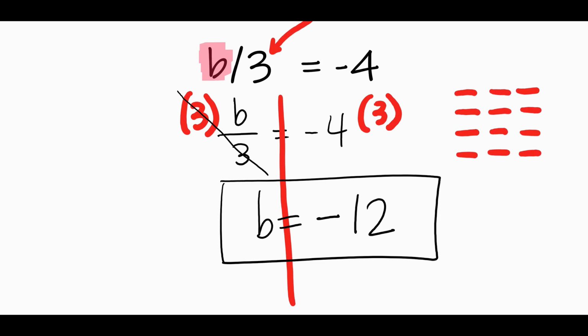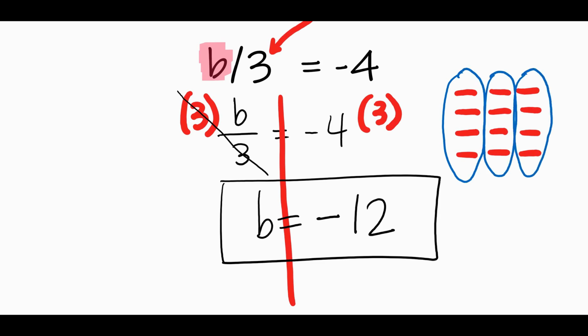So if I put these 12 negatives into 3 groups, 1, 2, 3, what is in each group? Well, there are 4 negatives in each group, which is what the problem originally said. -12 divided by 3 equals -4. So that answer was -12.